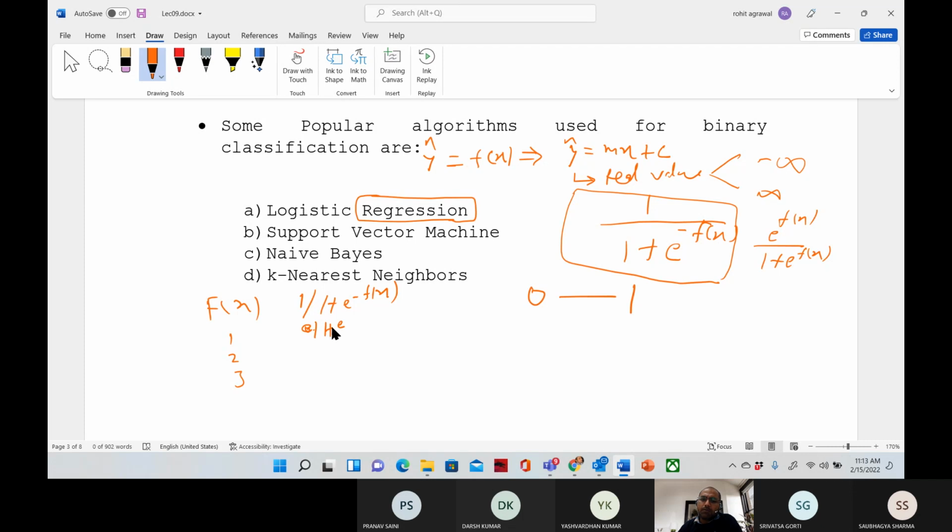Now f of x is equal to 2, so e to the power 2 upon 1 plus e to the power 2, e to the power 3 upon 1 plus e to the power 3.